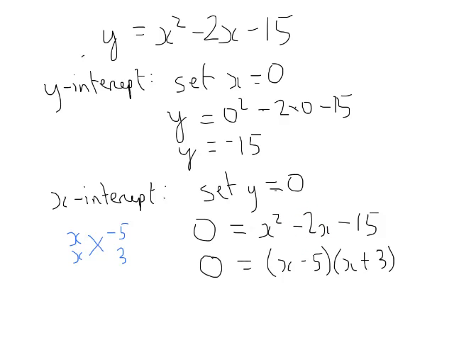Okay, I've got two things which, when multiplied together, equal 0. So either this bit's going to be 0, or that bit's going to be 0. So we move everything further up.